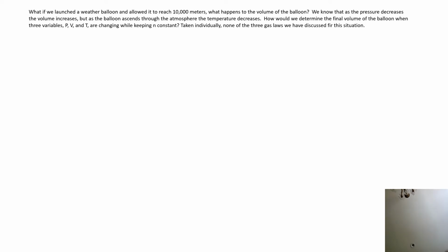We started with Boyle's law, which is the relationship between volume and pressure. And I'm going to rewrite those relationships in the context of volume.